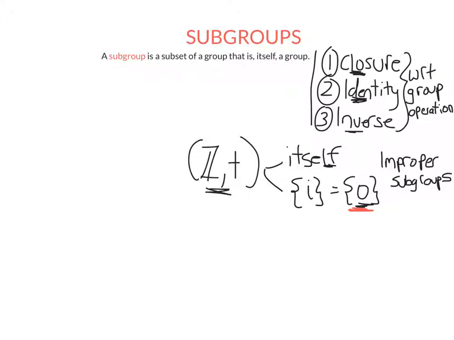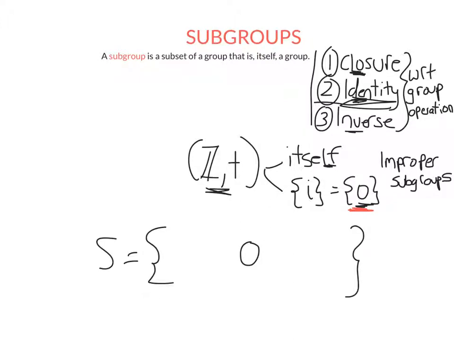Let's now construct a proper subgroup of the additive group of integers. So I'll call it S, and it'll be a set with some integers in it. Now, because a subgroup must contain the identity, and this is a subgroup under addition, 0 must be in this subgroup.